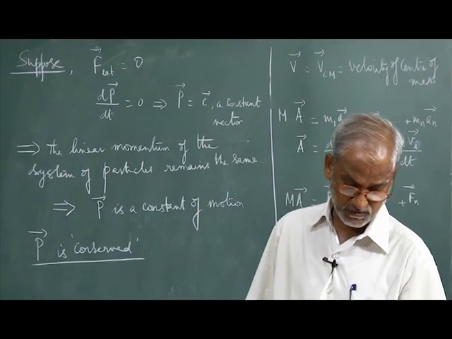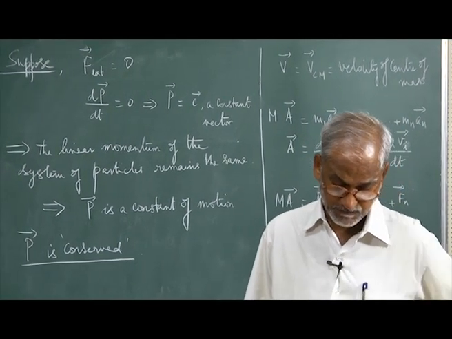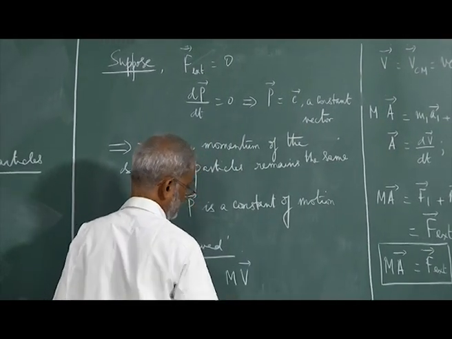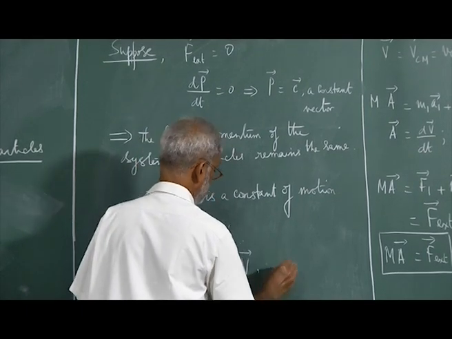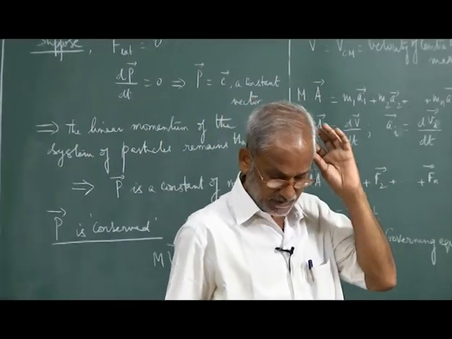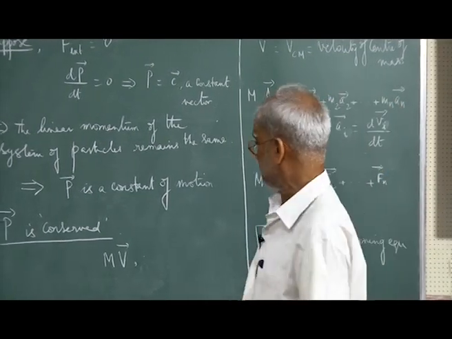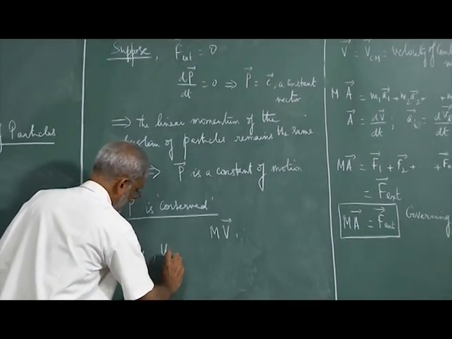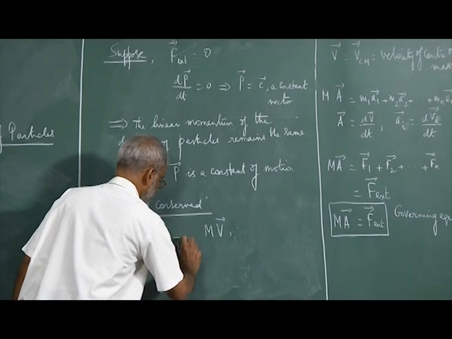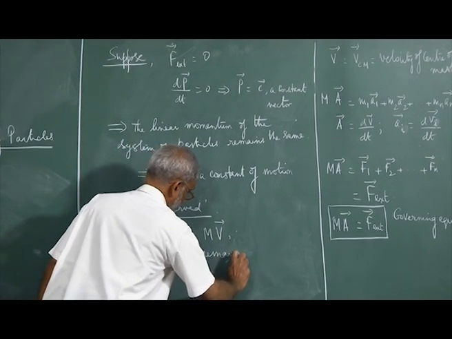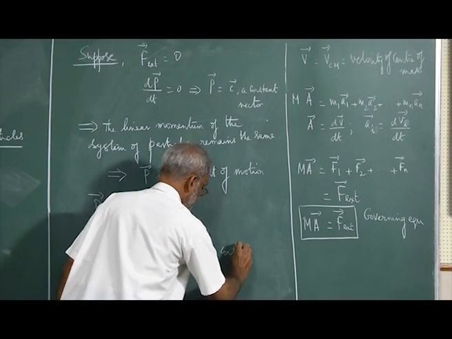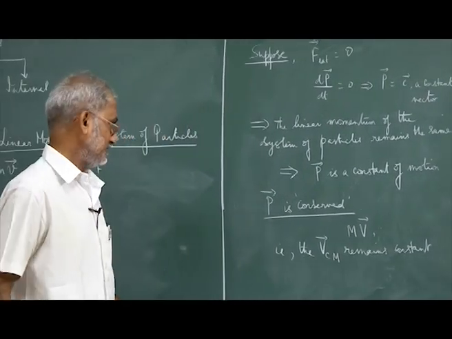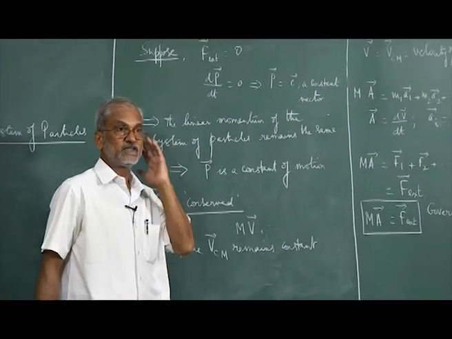Now P is the same as mass times V, therefore the velocity of the center of mass remains constant. That means it is not going to change its direction because it is a vector quantity. This is true only if there are no external forces acting on the system.